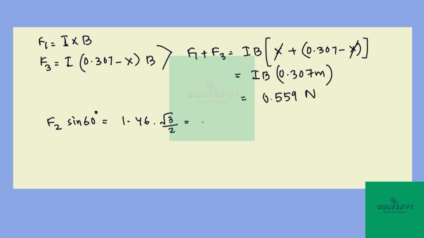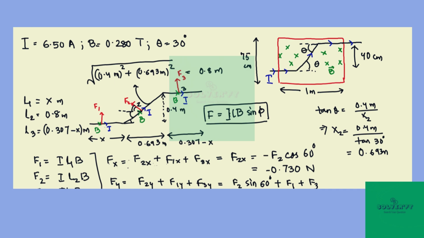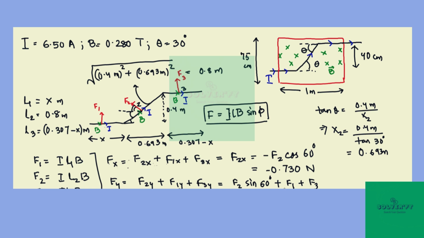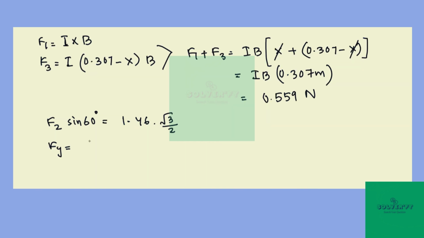And we get this value. Let's leave it like that. And we can directly add this value over here and simplify. So Fy is F2 sine 60 plus F1 plus F3, as you can see from this equation. So that's going to be 1.83 Newton.